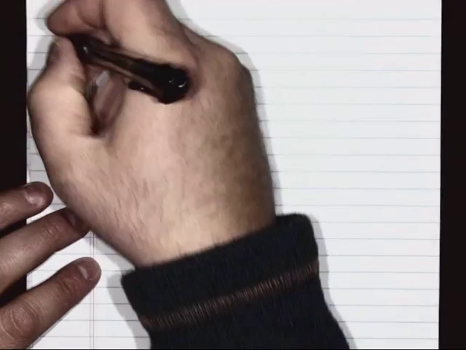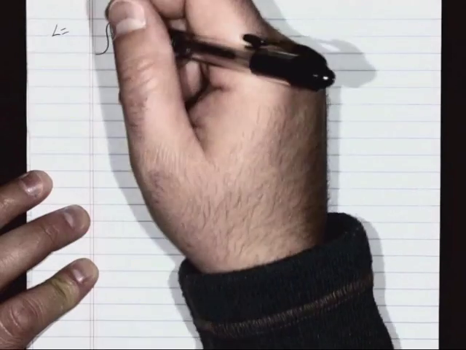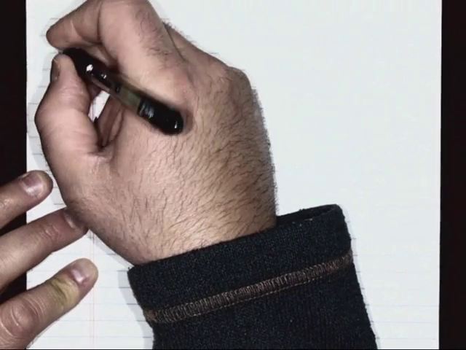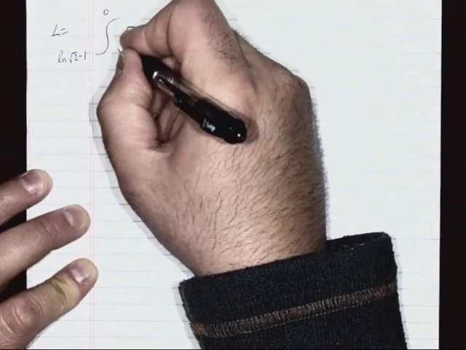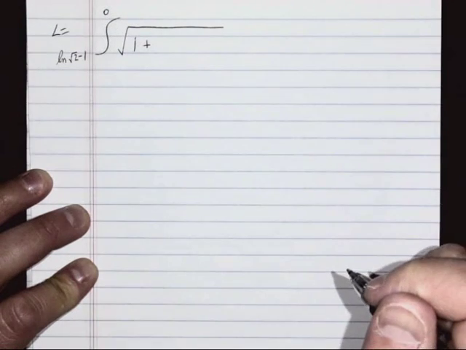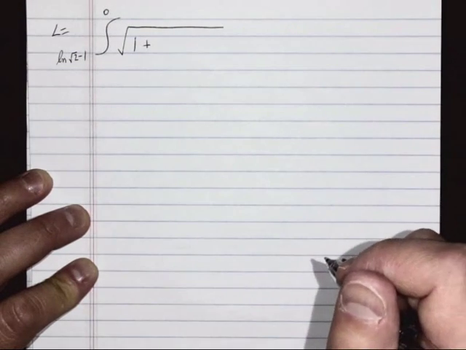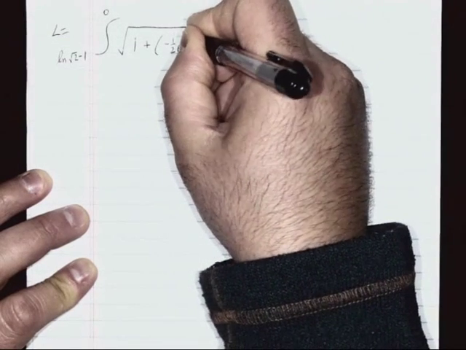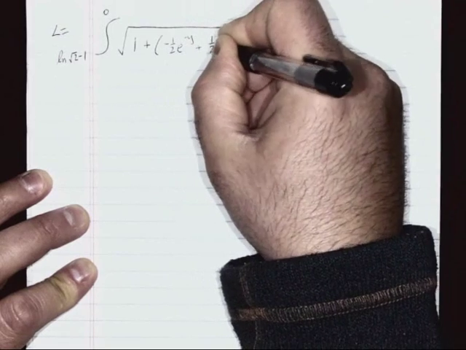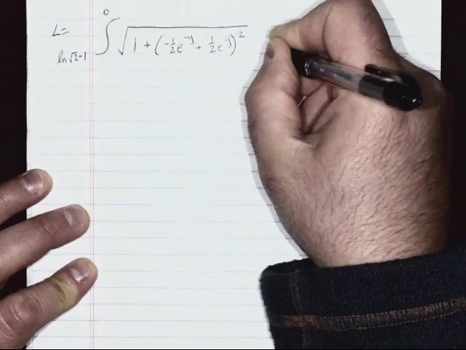Alright, so here's what our integral is going to look like for the length. Okay, so I've got 0 to ln square root of 2 minus 1, the square root of 1 plus negative 1/2 e to the negative y plus 1/2 e to the y, squared, dx.